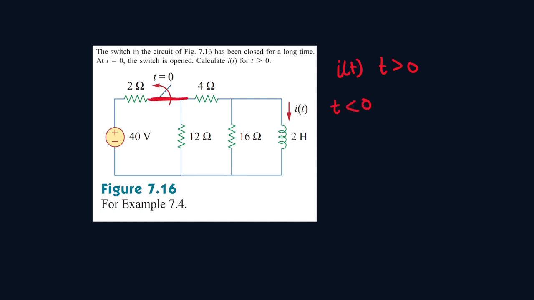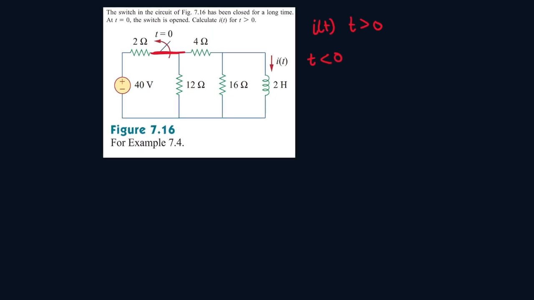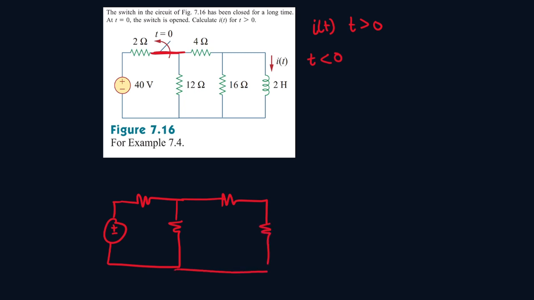We're told it was fully closed, so the circuit looks something like this. Now, we're going to make the assumption that it was closed for a long time, and it was stated in the question that it was closed for a long time.